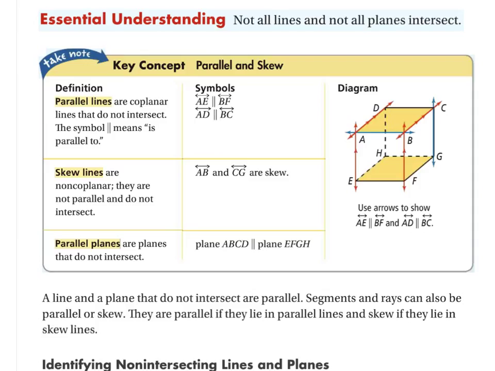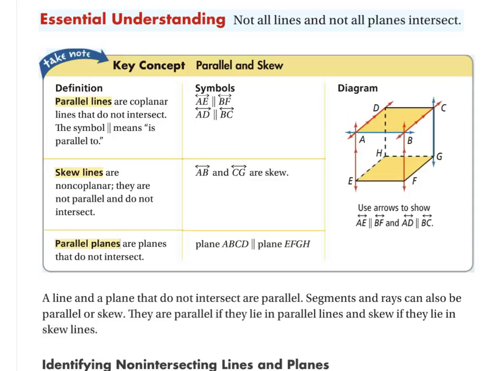That wall over there and the wall over here, parallel planes. They never intersect. It's still just hanging there. So planes can be parallel. Lines can be parallel. Lines could also be skew. Planes cannot be skew, because if they're skew, they're going to intersect somewhere.